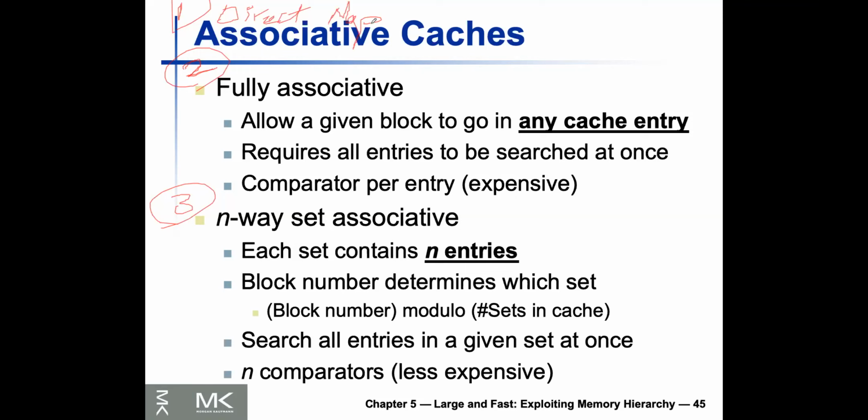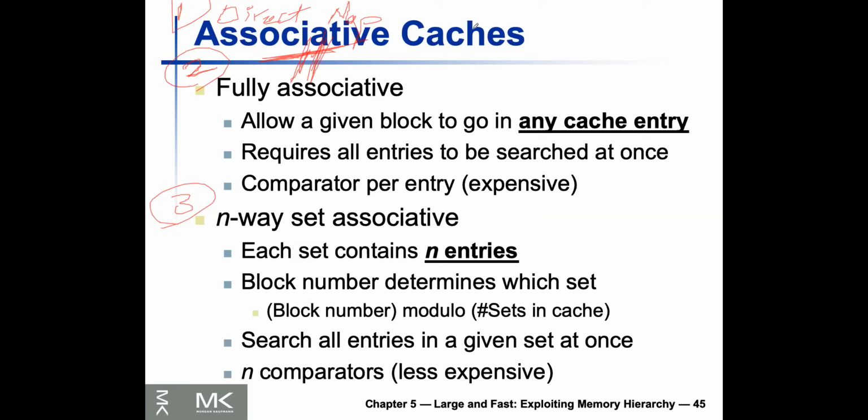On the other extreme side of the spectrum, we have a fully associative cache, number 2, which allows a given block to go anywhere in a cache, exactly the opposite of the direct map. These are two sides of the spectrum.